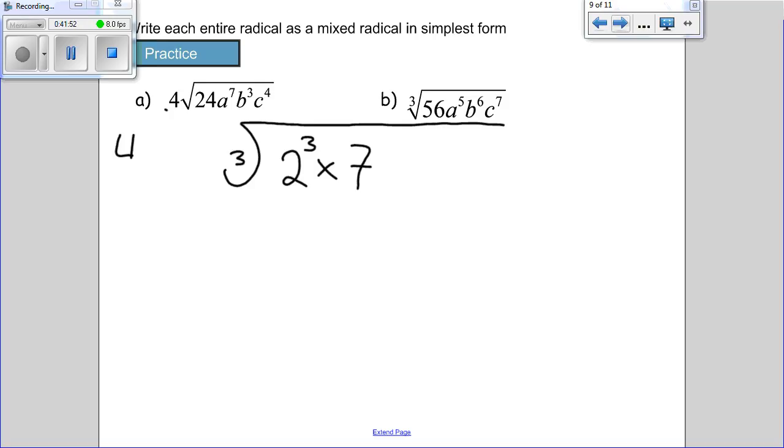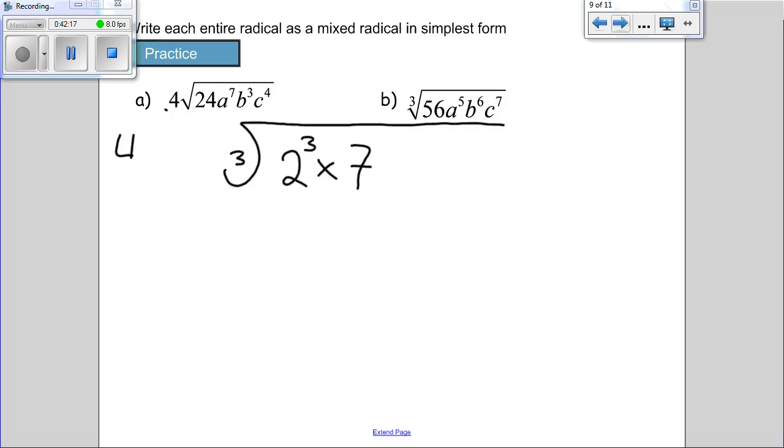If you're having a hard time seeing that 56 can be broken into 2 cubed times 7, what you can do is take 56 and try to think of different factors that make up 56. I'm not going to give you massive numbers for this stuff.